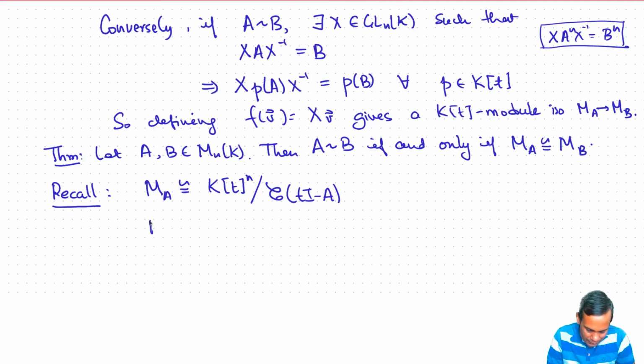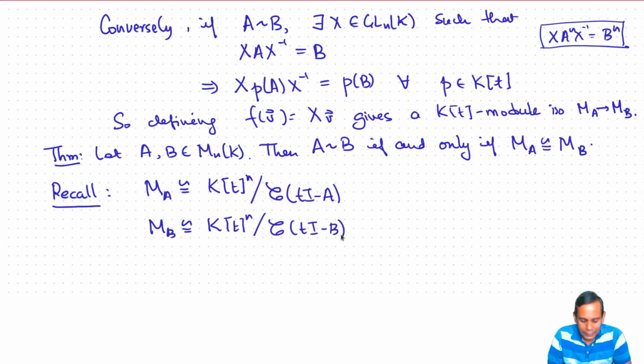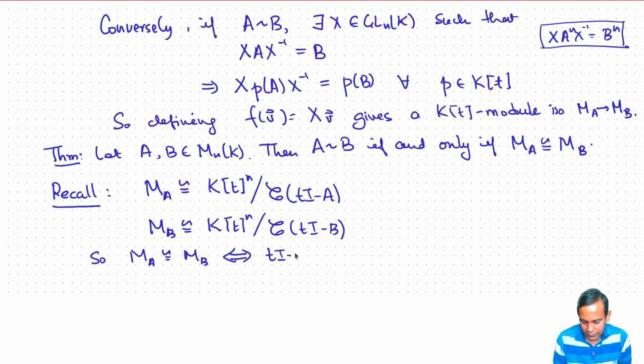And M_B similarly is isomorphic to K[T]^n mod the column space of TI minus B. And we've also seen that when modules are expressed in this form, as a free module modulo the column space of some matrix, then those modules are isomorphic if and only if the corresponding matrices are equivalent. So M_A is isomorphic to M_B if and only if TI minus A is equivalent to TI minus B.